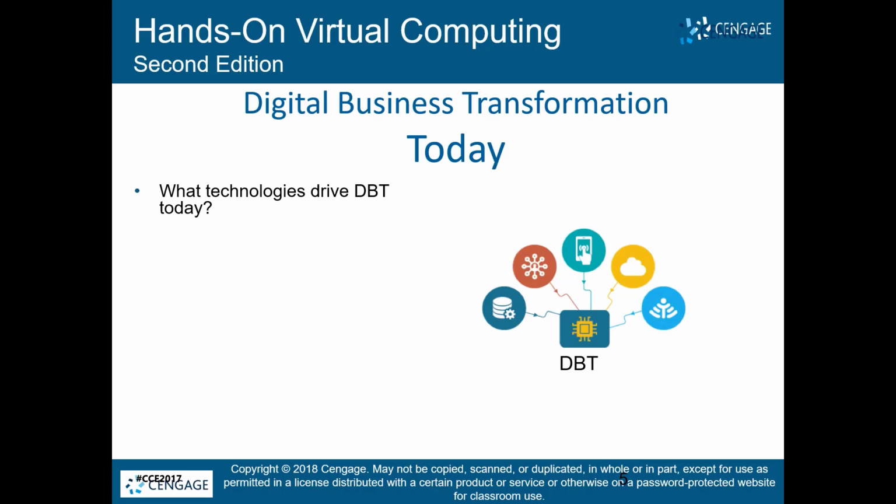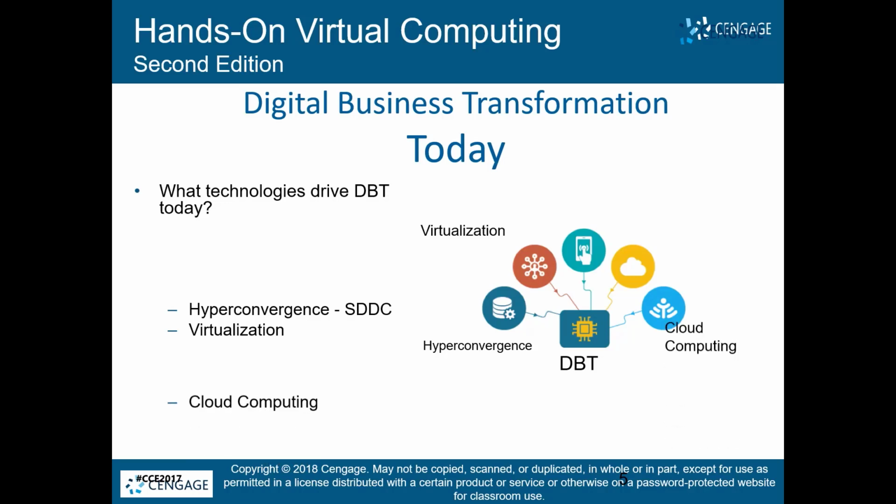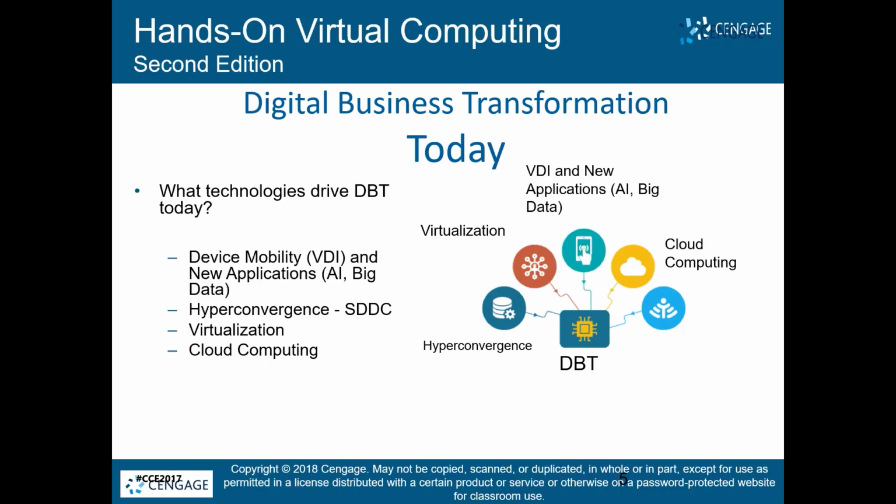Digital business transformation today includes technologies like virtualization, hyperconvergence, which leads to a software-defined data center, cloud computing, which allows us to extend this data center into the cloud, virtual desktop infrastructure, which provides device mobility, and new applications like AI, artificial intelligence that is, and big data.